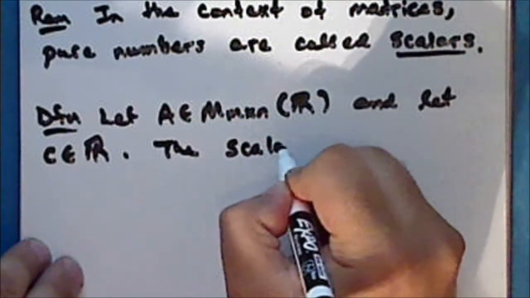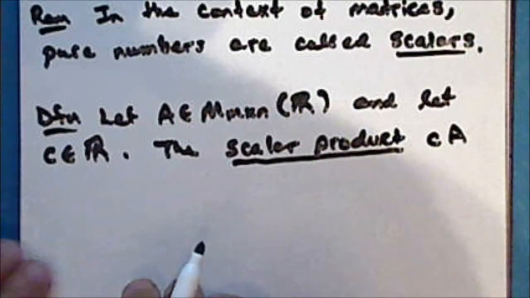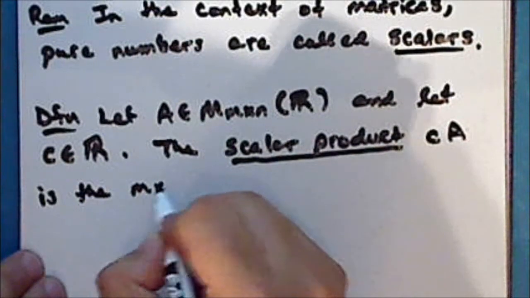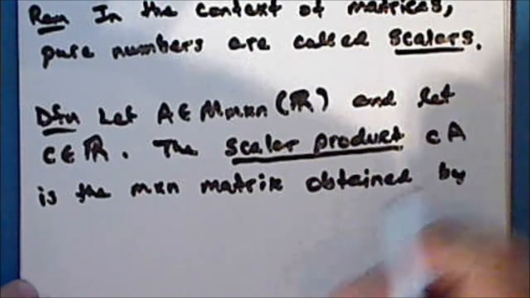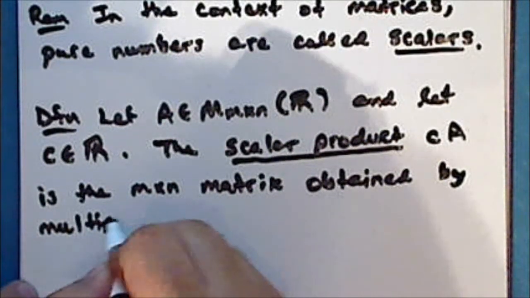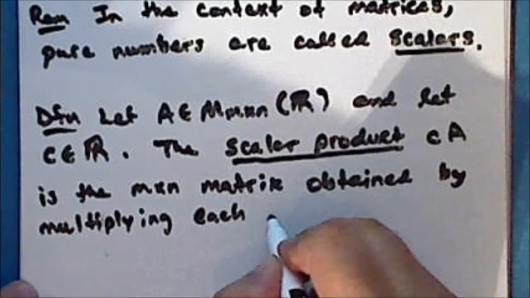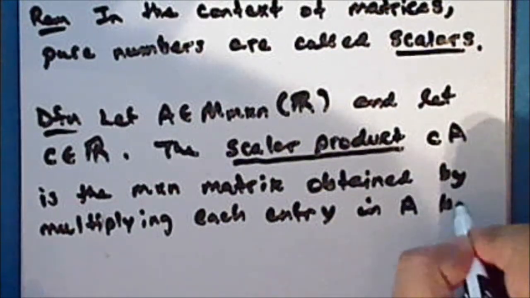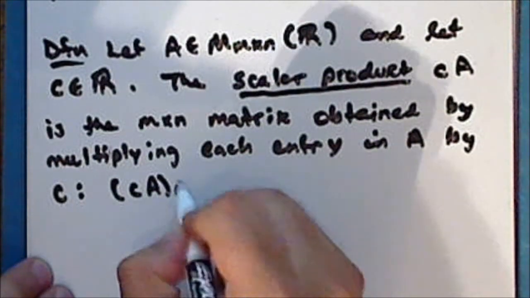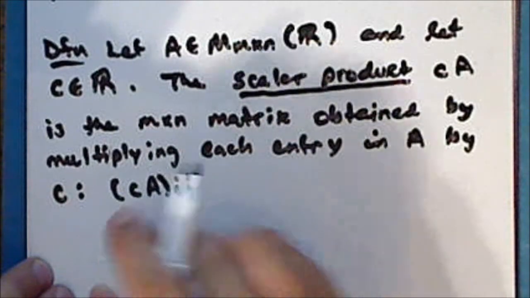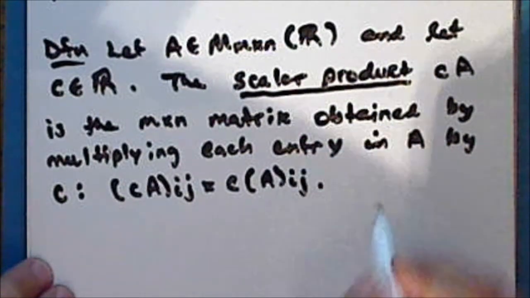The scalar product C times A is the M by N matrix obtained by multiplying each entry in the matrix A by the scalar C, that is, the entry in row I, column J, of the scalar product C times A is the product of the scalar C times the entry in row I, column J, of matrix A.